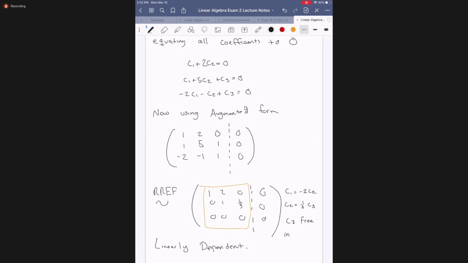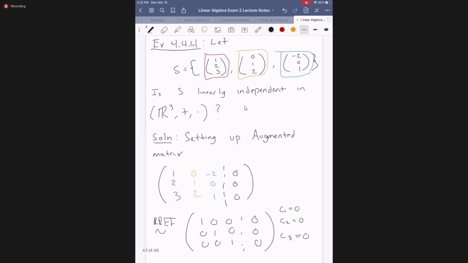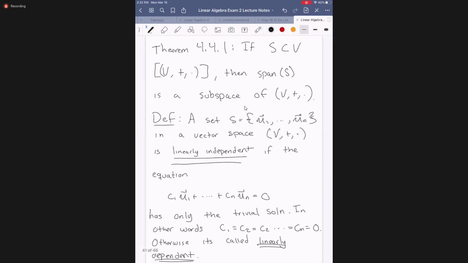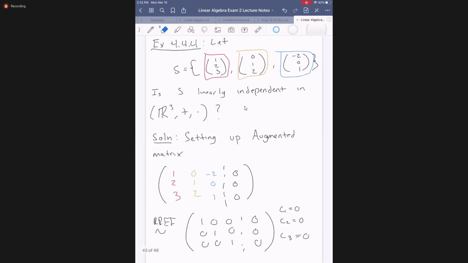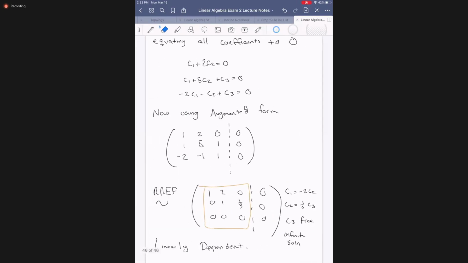So you have infinite solutions, and that contradicts the definition of linearly independent, which only has the trivial solution. That's why it's linearly dependent. We'll do more examples. This idea of linear independence is not going to go away.